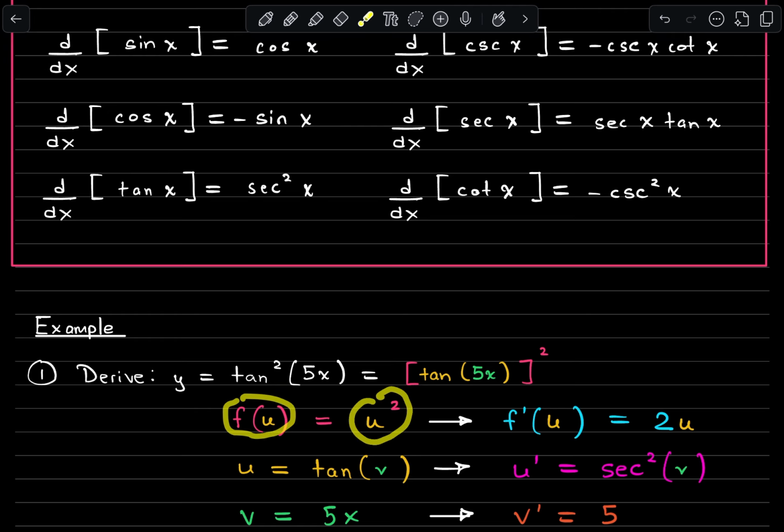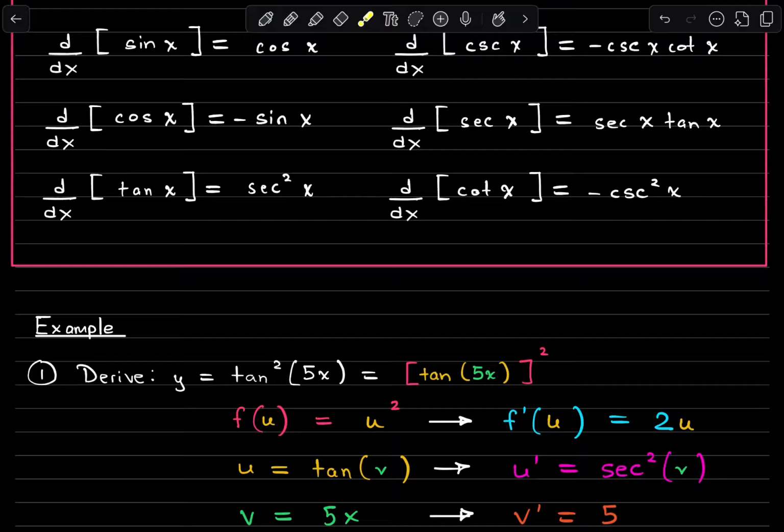F of u, the outermost function, is u squared. Its derivative, 2u by power rule. U, that next layer, is just tangent of v, some other function v that we're calling 5x.